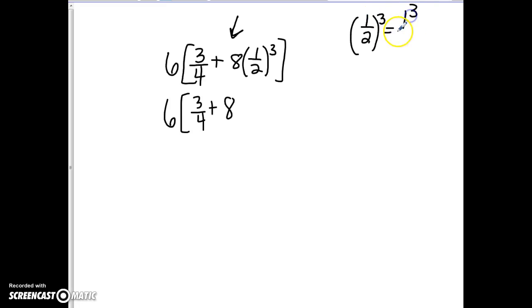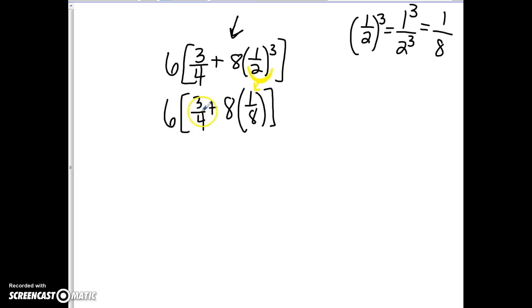The numerator gets raised to the 3rd power and the denominator gets raised to the 3rd power. So 1 to the 3rd is just 1 and 2 to the 3rd is 8. So 1/2 to the 3rd power is 1/8. So I can replace that back down in the problem there. Okay, so you see how that 1/2 to the 3rd power became 1/8.